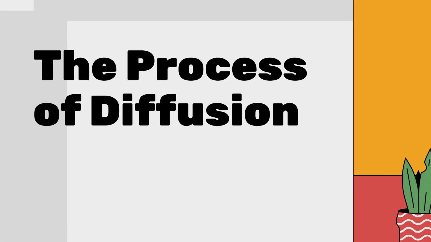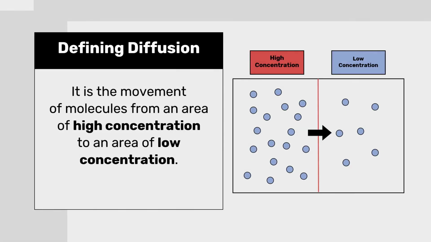Let me start with a very simple example. Imagine that someone opens a bottle of perfume in the corner of a room. At first, you can smell it only near the bottle, but after a few minutes, the smell spreads around the room. Why does this happen? Because the perfume particles move from an area of lots of perfume particles to the area where there are fewer perfume particles.